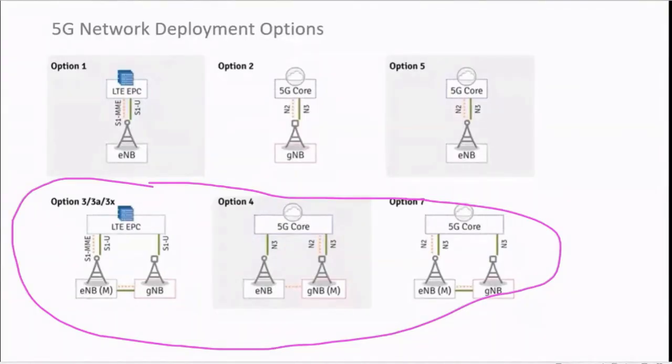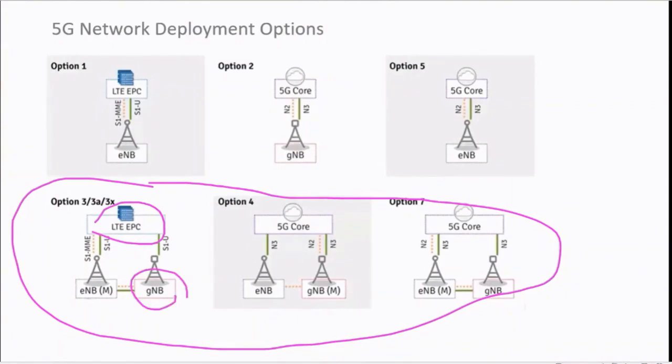What you will notice here is that we have two types of radio access technologies or radio access network. In those options, what stands out is the new technology we are introducing. For example, in case of option 3, you will see we are using the 4G core and we are introducing the 5G RAN.